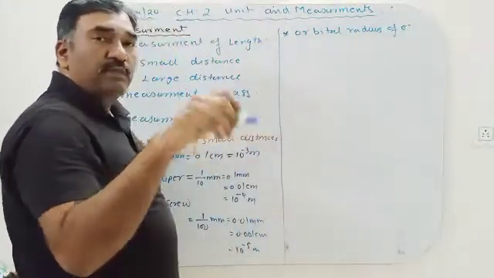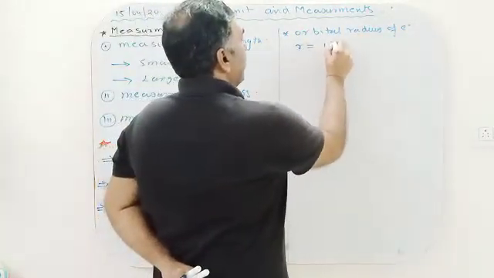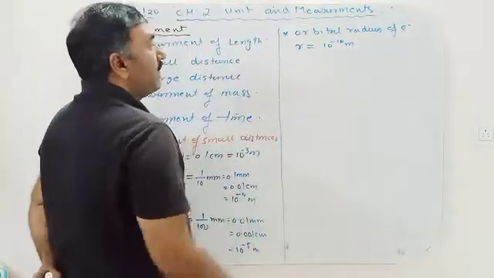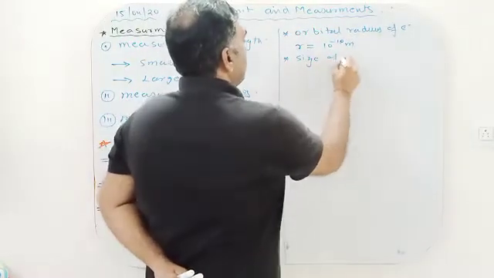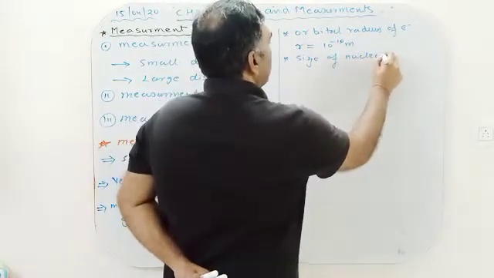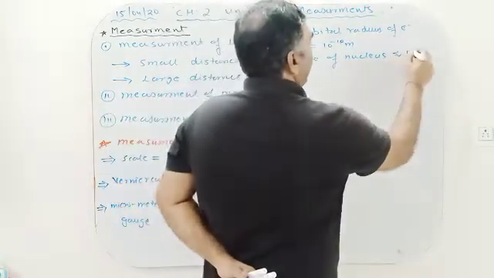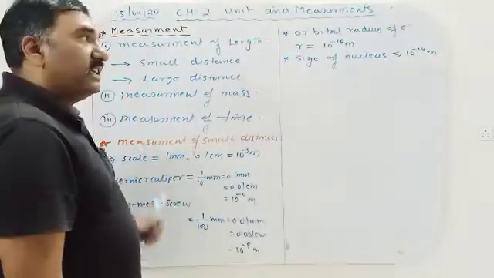When an electron is revolving around the nucleus, the orbital radius is nearly 10 raised to power minus 10 meter. The size of the nucleus is nearly 10 raised to power minus 14. This small distance we can easily measure.